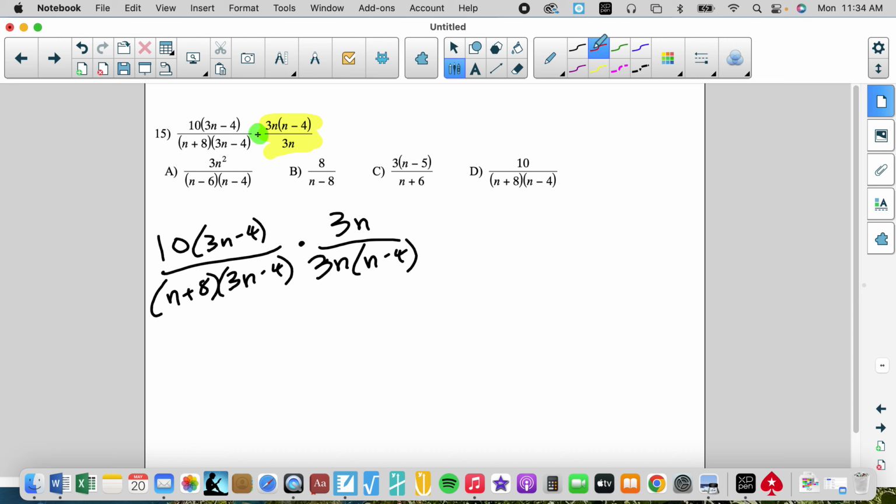So now we can start canceling 3n with 3n. Ooh, that's very tricky. I almost canceled those. 3n minus 4, 3n minus 4. Nothing else cancels. So you're left with 10 over n plus 8 times n minus 4.